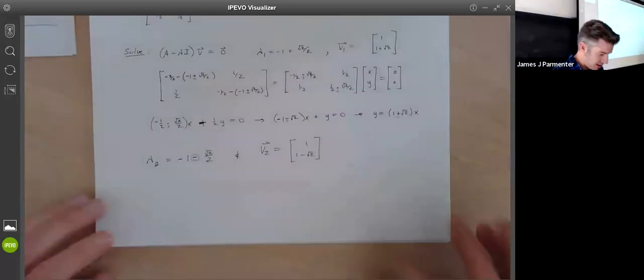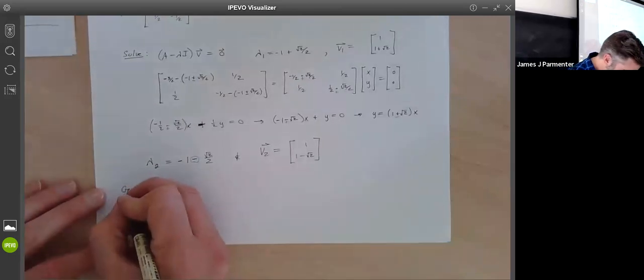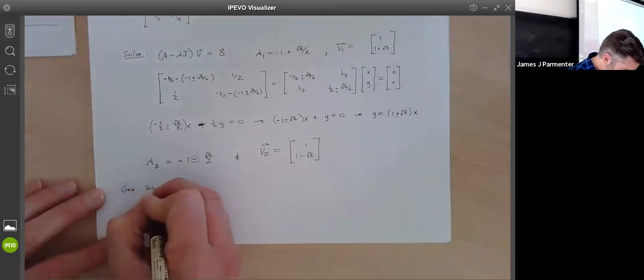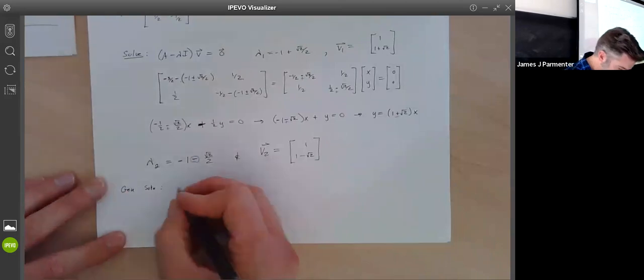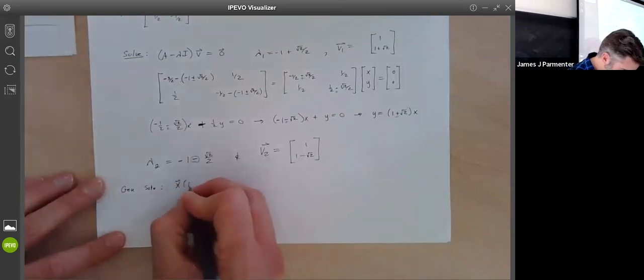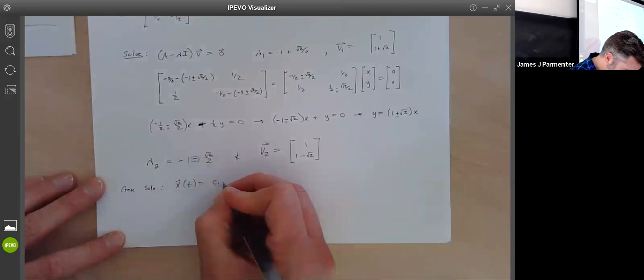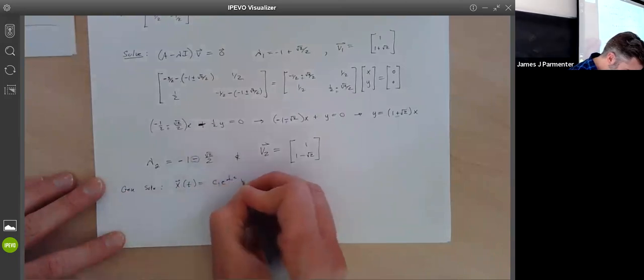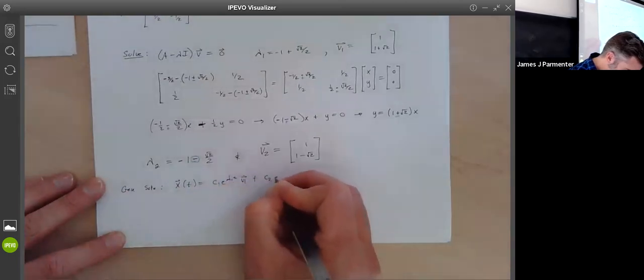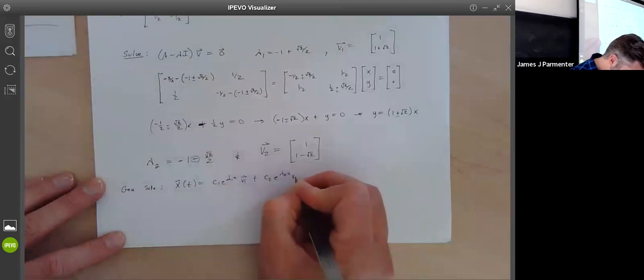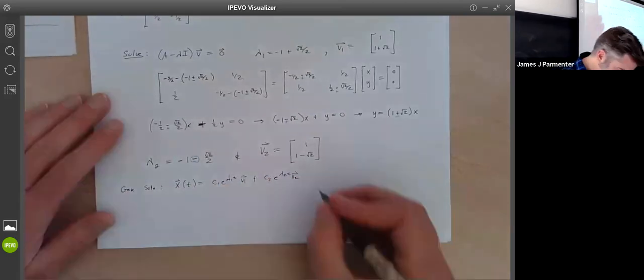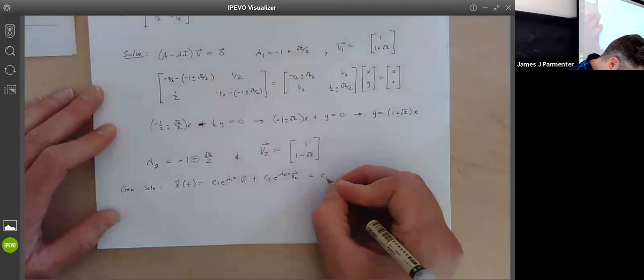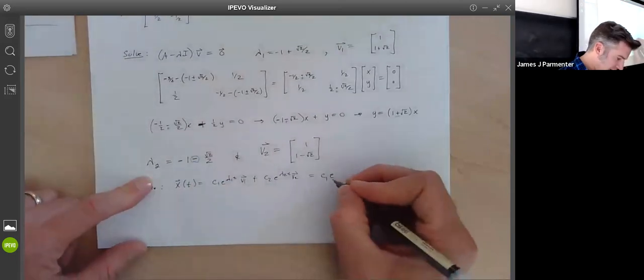So then we say, all right, we know the general solution is going to be your usual hot mess of x as a function of t is c1 e to the lambda 1t v1 plus c2 e to the lambda 2t v2, which is equal to c1 e to the lambda 1.